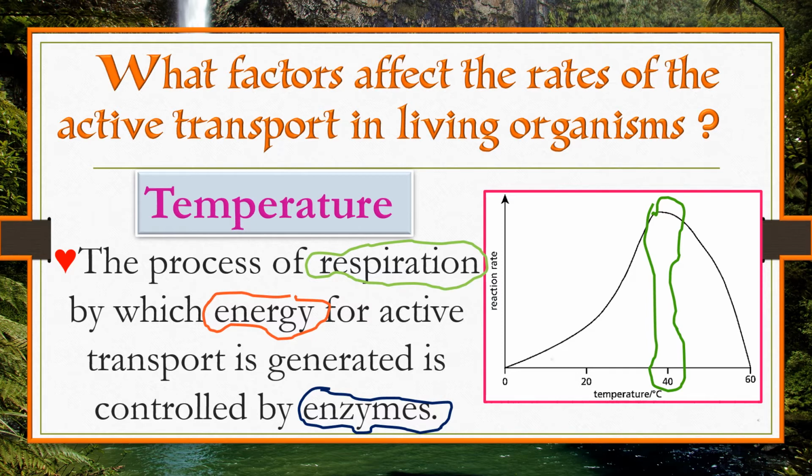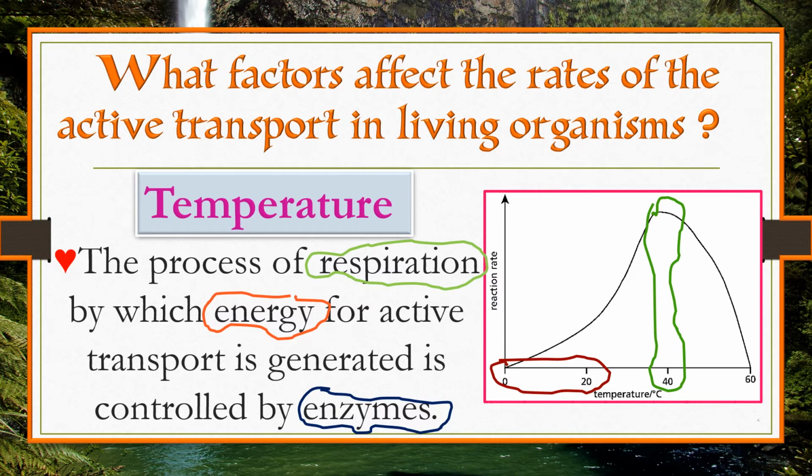But if we reduce the temperatures, that is the temperatures are below 37 down to 0, the enzymes are inactive, meaning that the rate at which they are working is very slow. So the rate of reaction will be low.